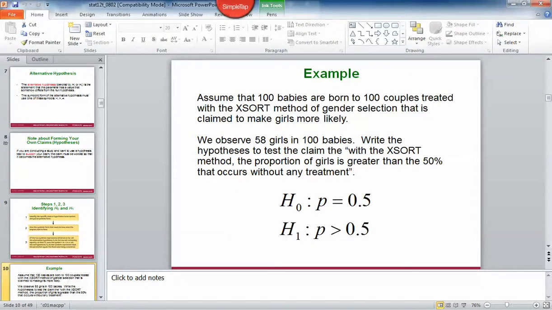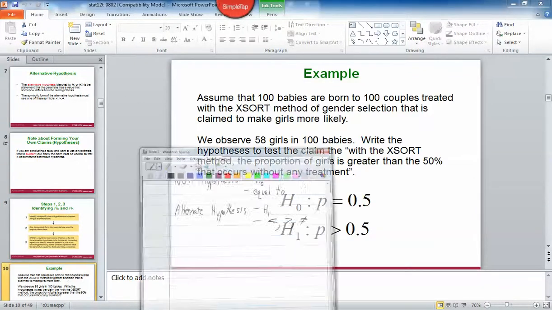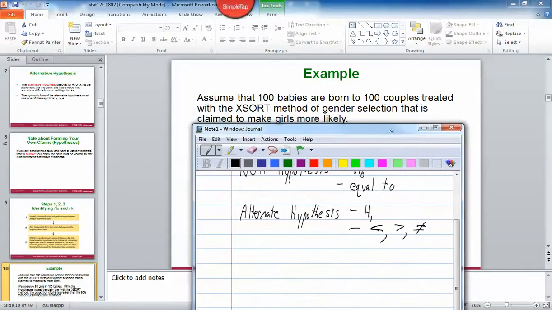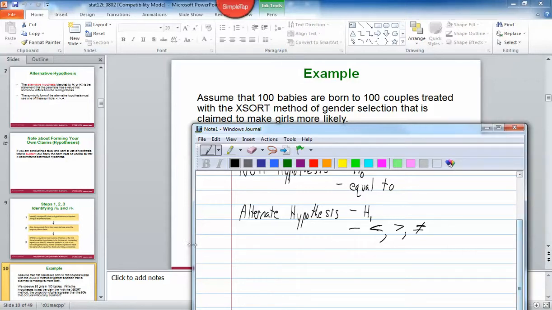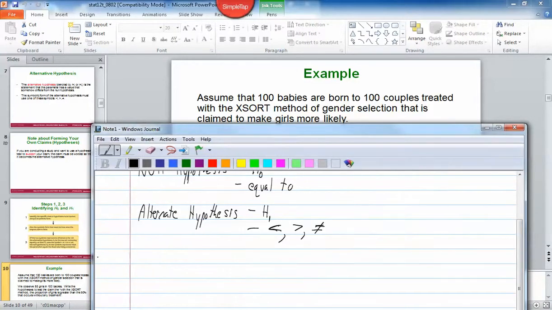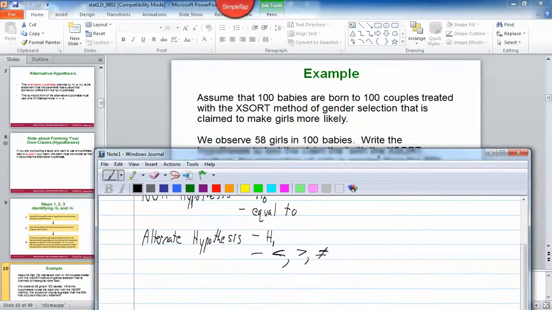For example, let's look at this claim here. Assume that 100 babies are born to 100 couples treated with the XSORT method of gender selection that is claimed to make girls more likely.